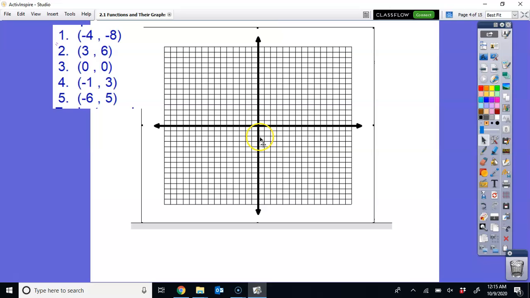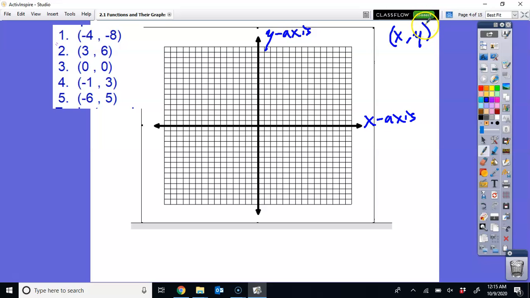But the other thing that you need to make sure you understand is these are number lines. So when I talk about the x-axis and the y-axis, or the horizontal axis and the vertical axis, I am talking about number lines that describe where I'm at. So when I see a coordinate pair has an x value and a y value, that tells me a location. It's very similar to a GPS.